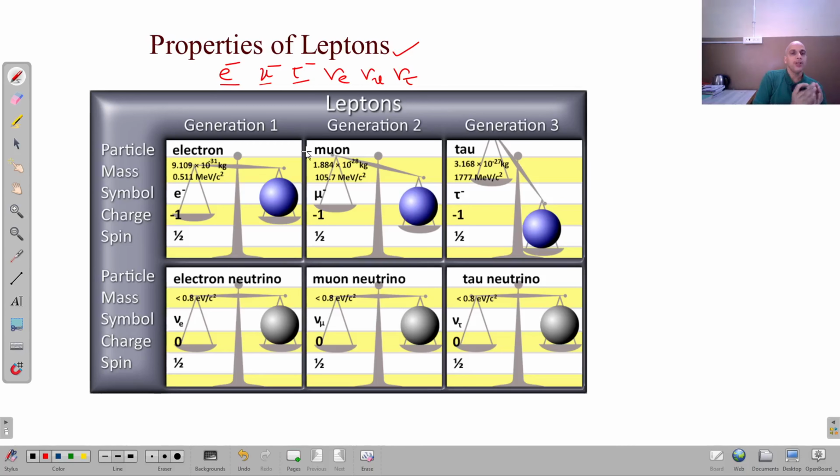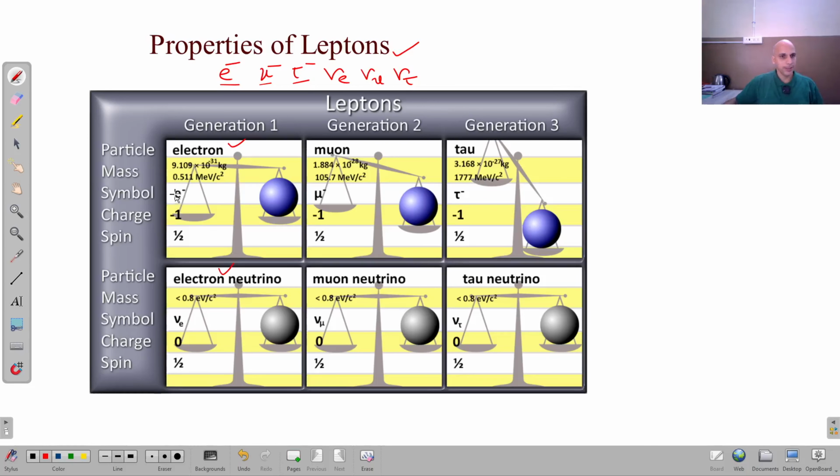Generations means it is the way of detecting these leptons, and it is also according to their mass. In the first generation we have the electron, an easily detectable, easily observable particle, and the electron neutrino is associated with it.